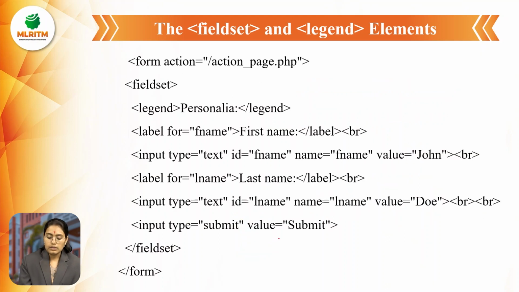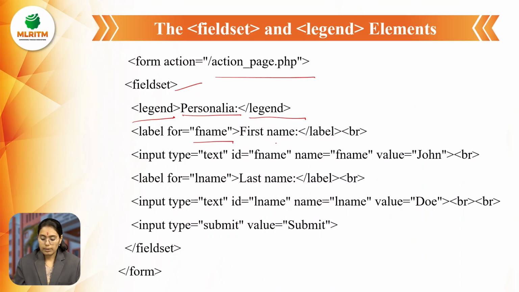Let's see with an example. Form action equal to action_page.php. Now open the fieldset. Now use the legend. Legend is nothing but whatever caption we want for the related group of items. So here we are keeping personal info. By reading this we get to know that it is information about some person. Now close the legend.